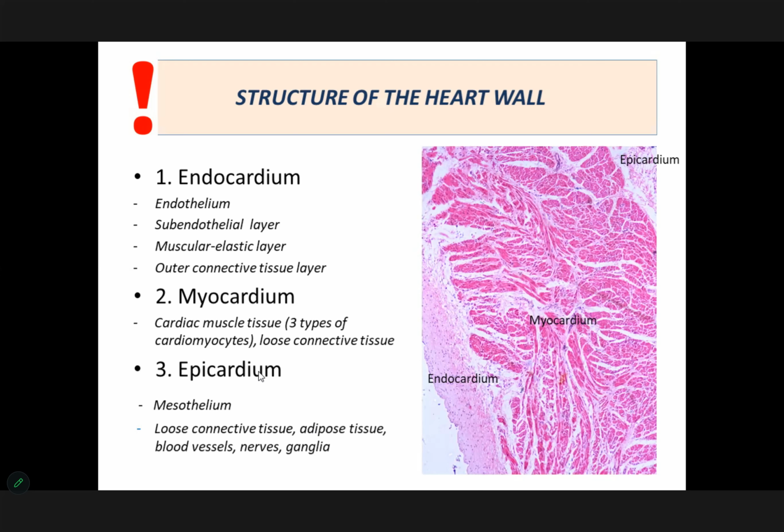And finally, epicardium. Epicardium is in this area. It includes loose connective tissue and is covered with mesothelium, not seen in this picture. It should be the outermost layer of the heart. So heart is covered from outside with the mesothelium. Mesothelium, as you remember, like the endothelium, is one layer of flattened cells located upon the basement membrane.